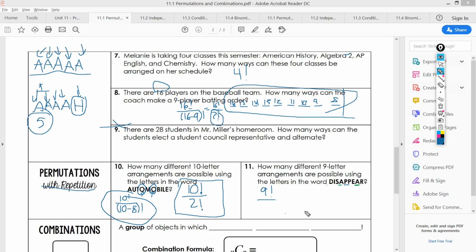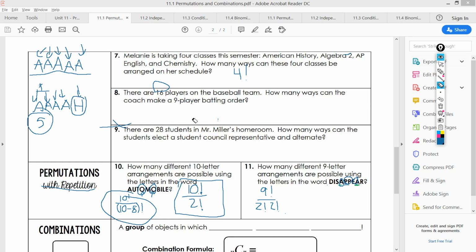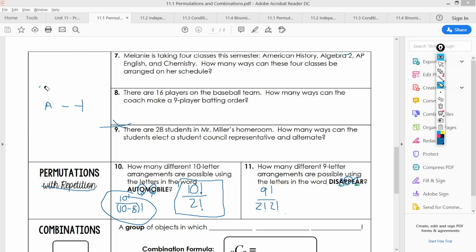So that's the same thing as dividing by 2 factorial twice, for my double P's and my double A's. So I hope I've made that somewhat intuitive for you.